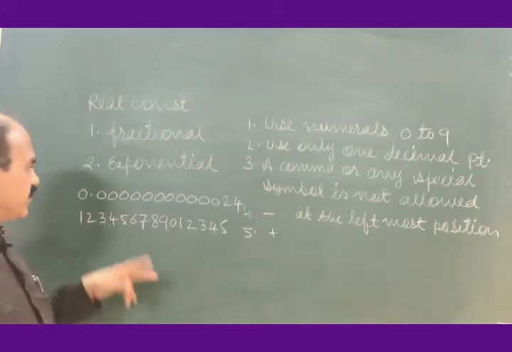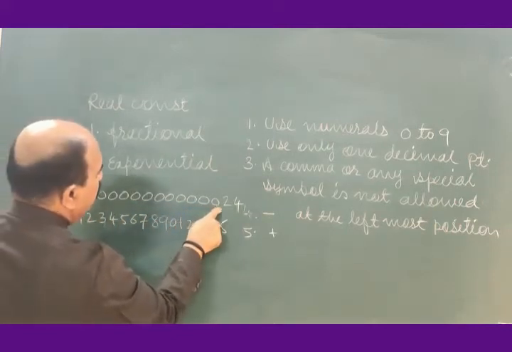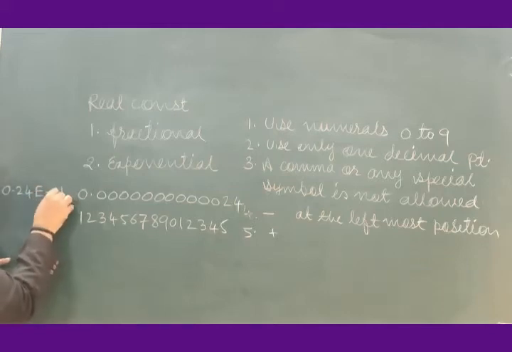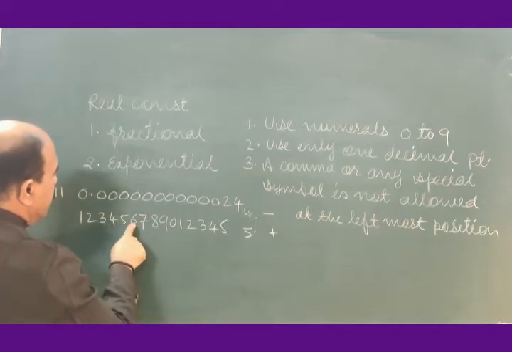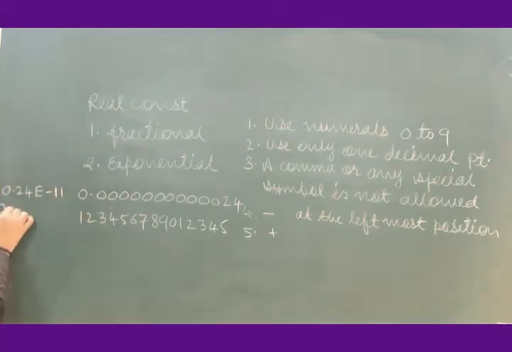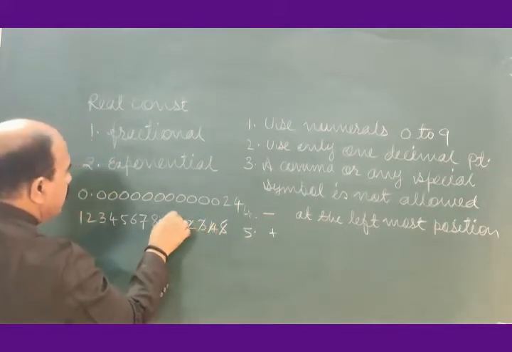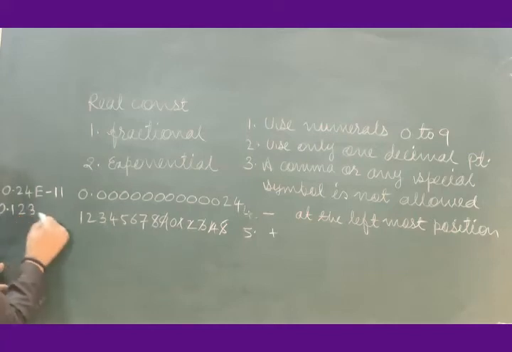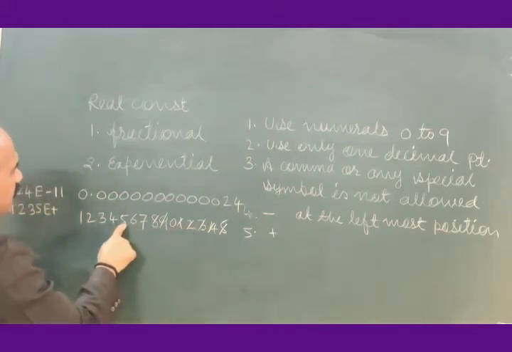In exponential form of real constant, this very small number can be written as 0.24 E minus 11, and this very large number as 0.1235 E plus 15.